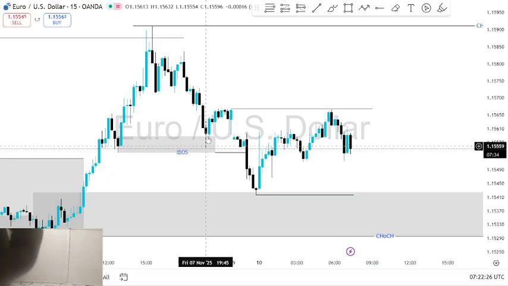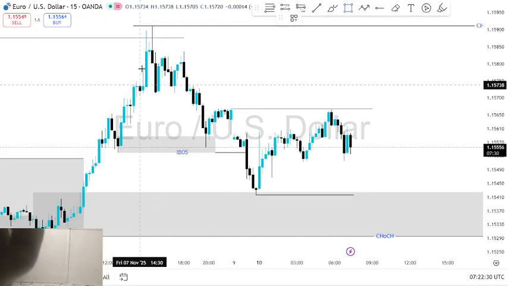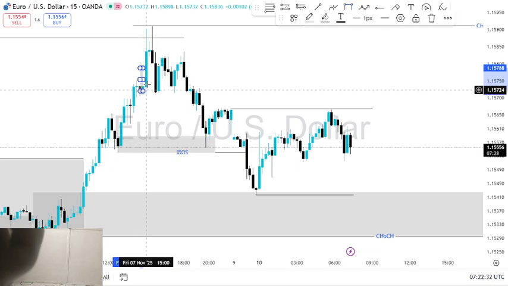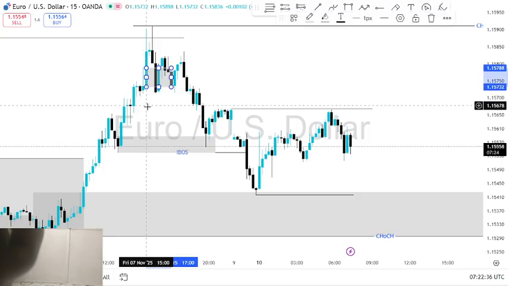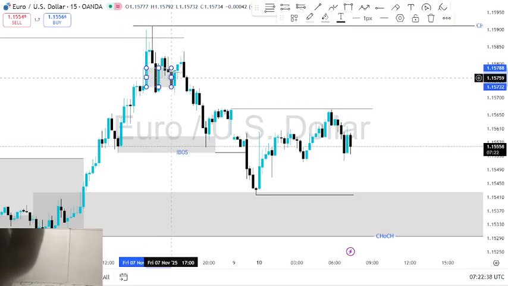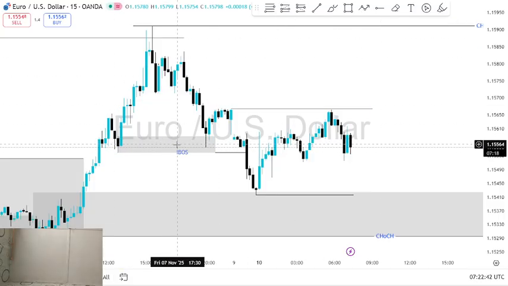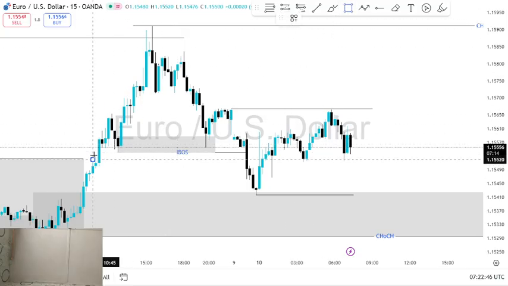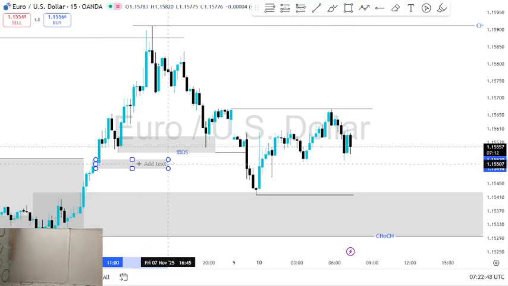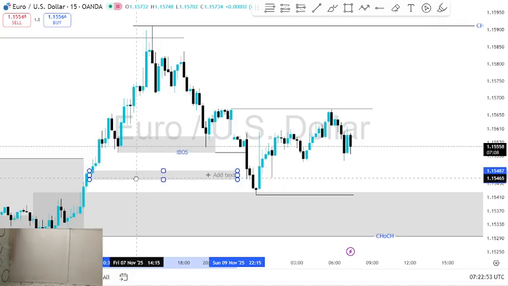Now, this is the first demand failure. We have multiple demand failures here, but this one led to a break of structure. You can see here was the major zone that we're looking for. We also had multiple zones here. We had this zone, which was, it got melted through.